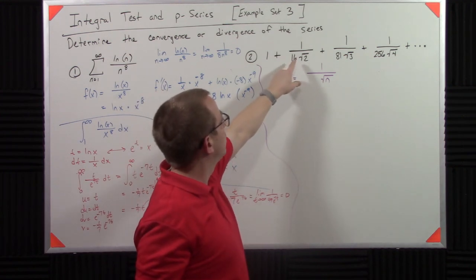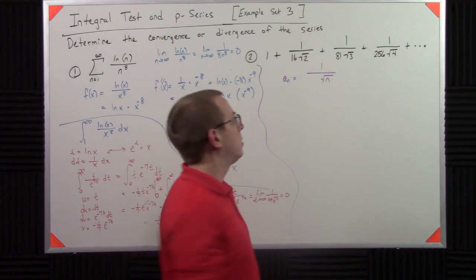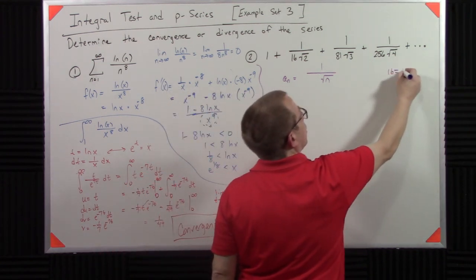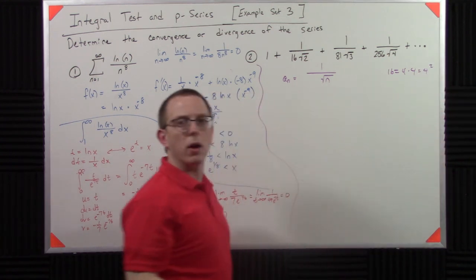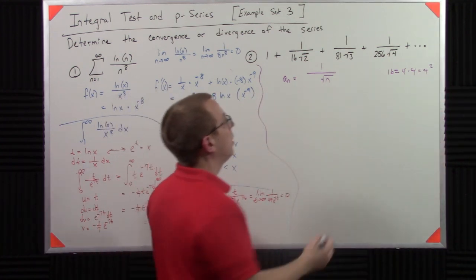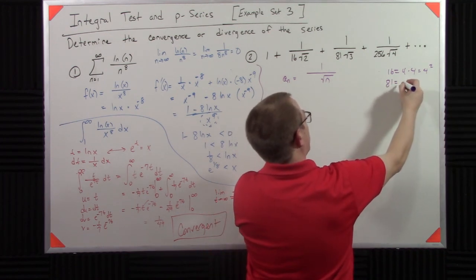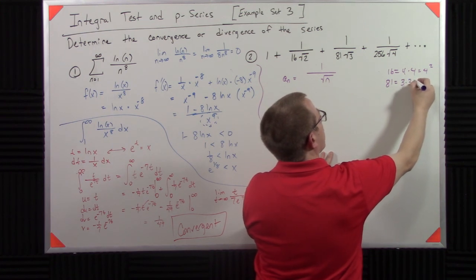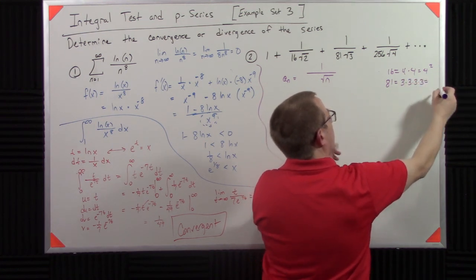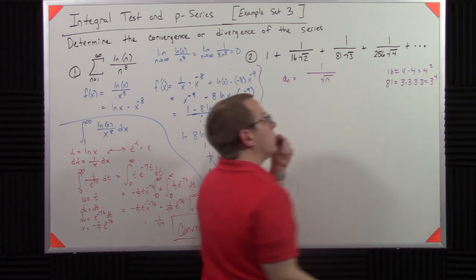Now I have this. So this is 16. Well, 16 is 4 times 4, which is 4 squared. Okay. And 81 is 3 times 3 times 3 times 3. So that's 3 to the 4th.